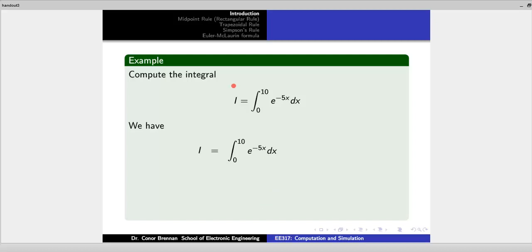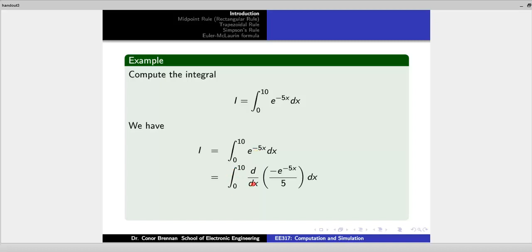Compute the integral I, the integral of e^(-5x) between 0 and 10. We know that e^(-5x) is in turn the derivative of this thing here, because when we differentiate it, we get minus times minus 5 divided by 5, all of which cancels out to 1, times e^(-5x). So this here is the antiderivative.